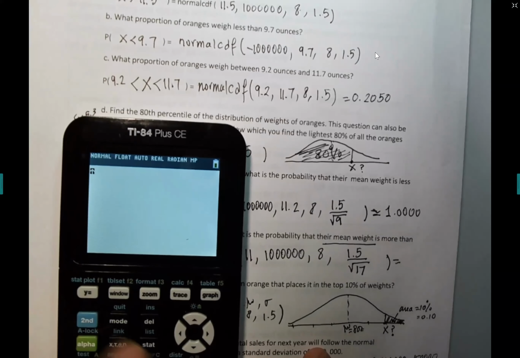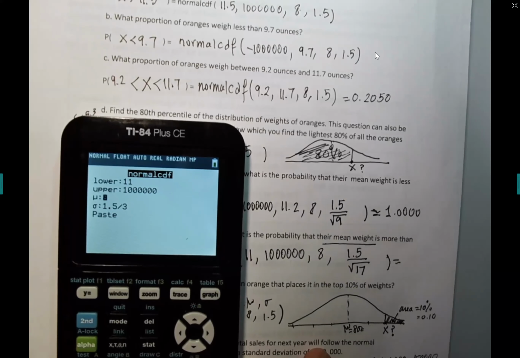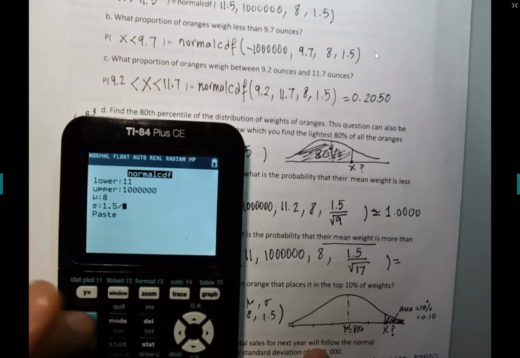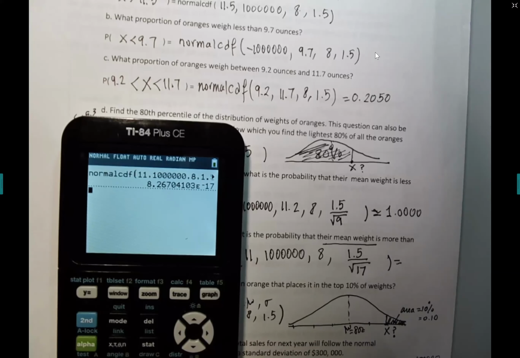So we're going to go second distribute, normal CDF, 11, mean is 8. Don't forget to change this, divided by square root of 17. Don't worry what square root of 17 is. Let the calculator handle that. There you go. All right, I got 8.267 E minus 17. Do you guys still remember what the interpretation of E minus 17 is?